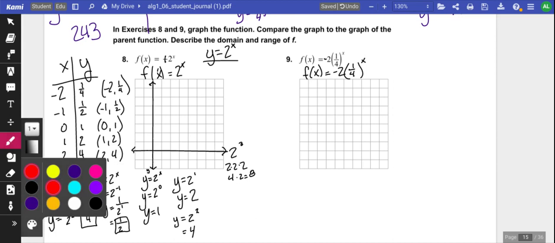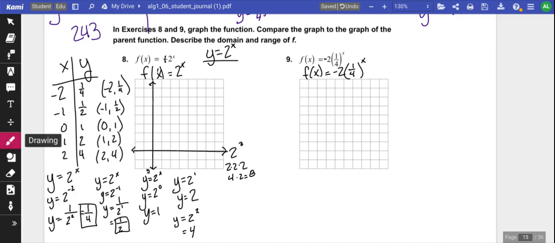I'm going to do these in red just so it's easy to see. Starting with that harder point, -2 and 1/4, over here. If you get a fraction or a decimal and you don't know exactly where 1/4 is, just guesstimate it. I'm not going to get out a ruler and say you're a millimeter off.